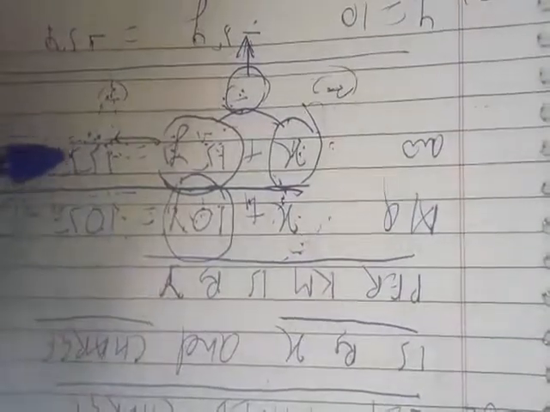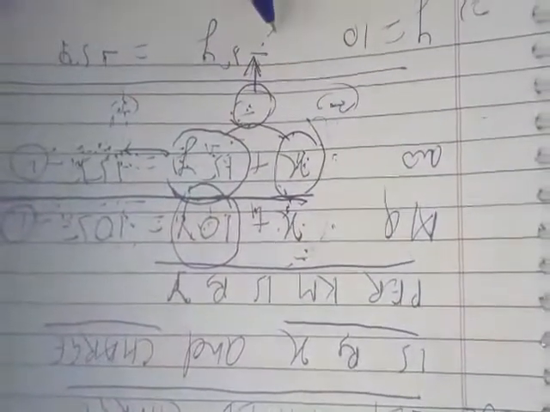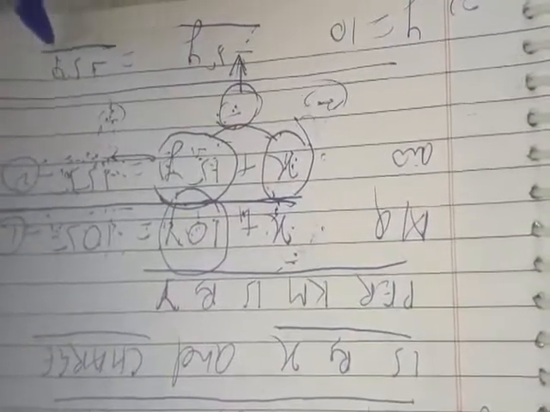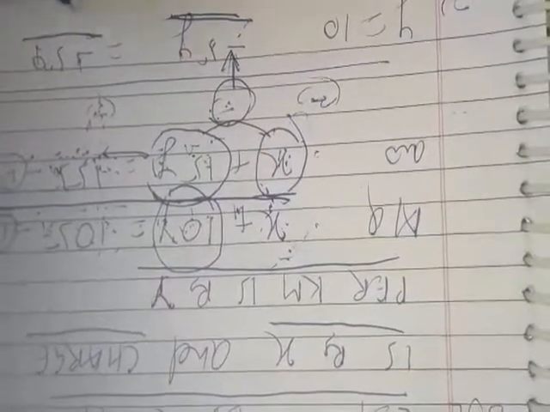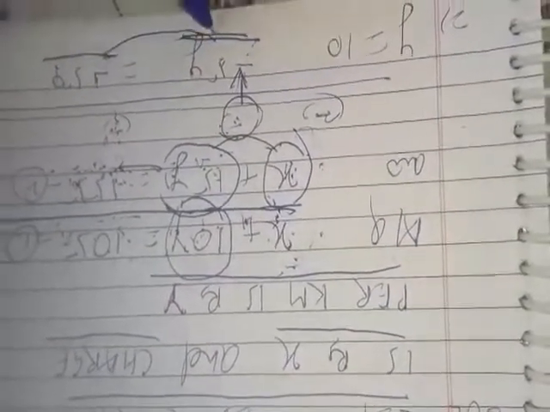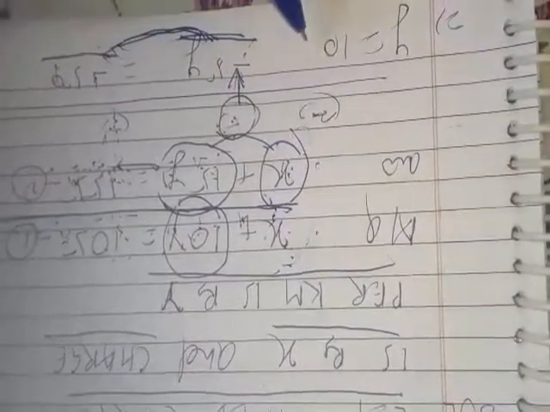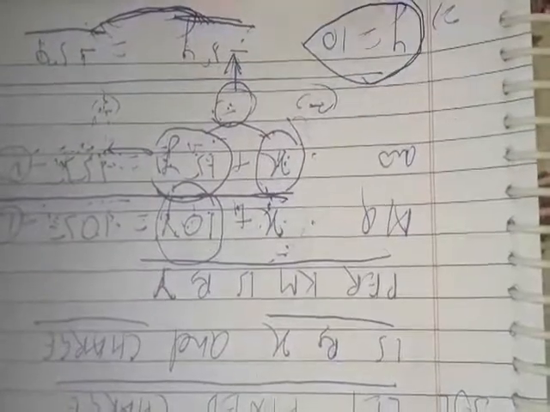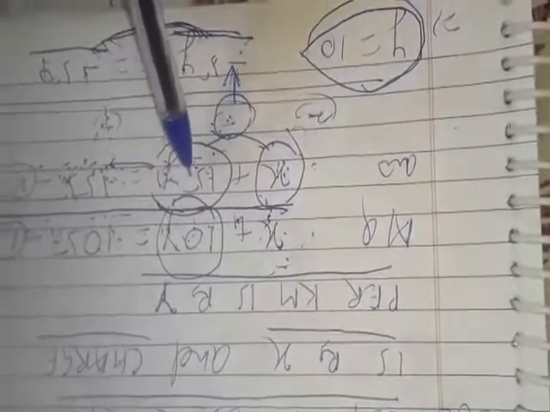Now we see that minus 5Y is equal to minus 50. When we divide both sides by minus 5, we get Y is equal to 10.